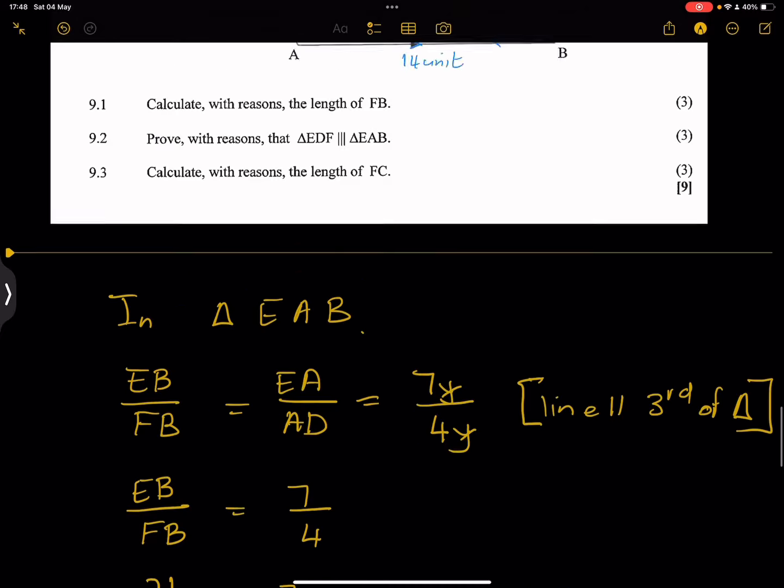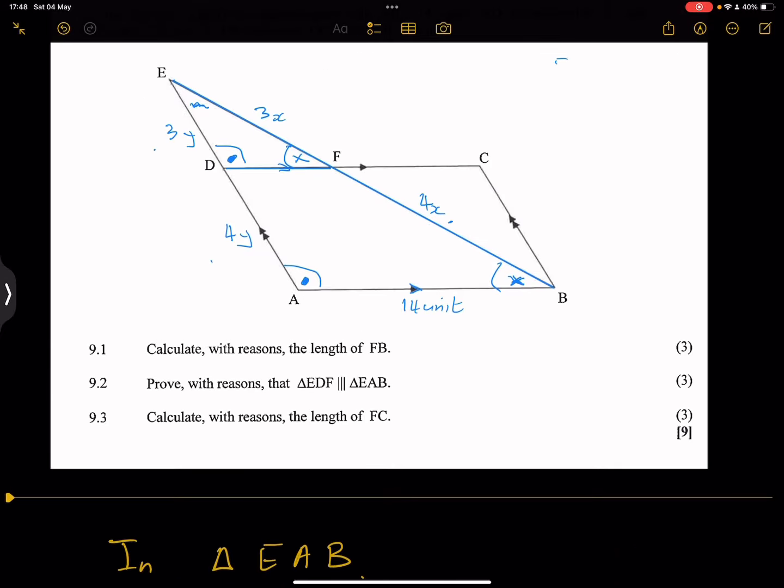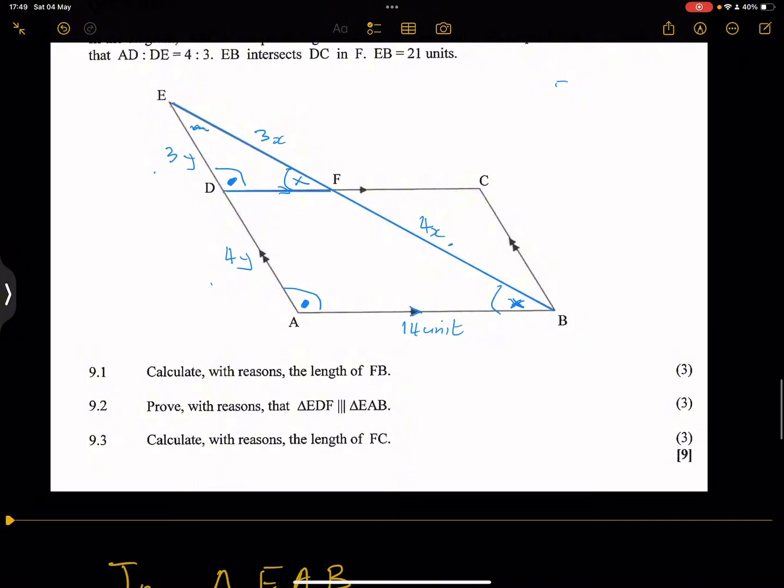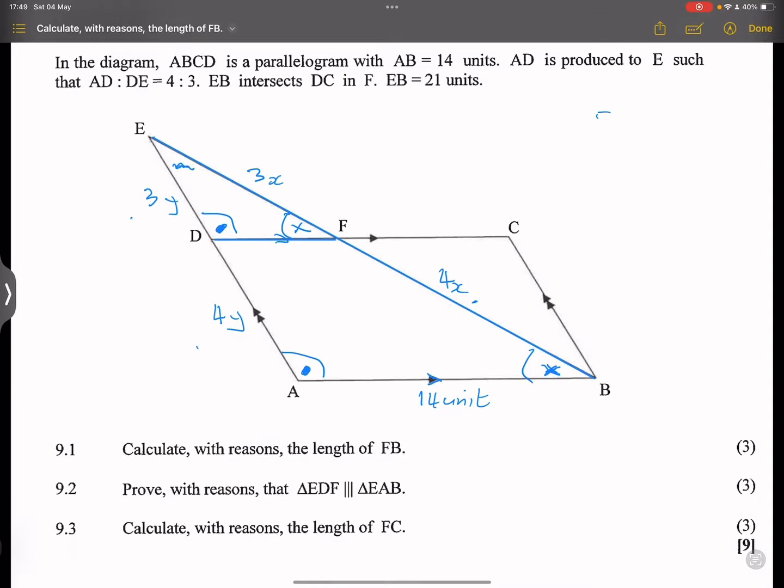And finally, ladies and gents, they say calculate with reasons the size of FC. All right, so now remember we were given that AB is 14 units, right? Now remember what's going to happen here.